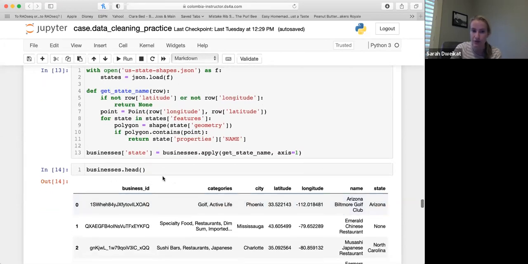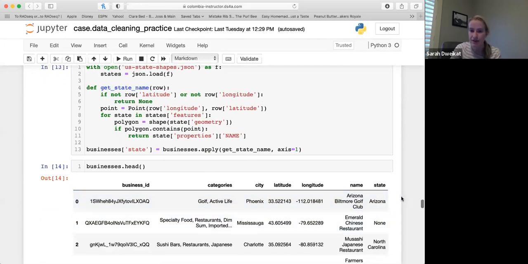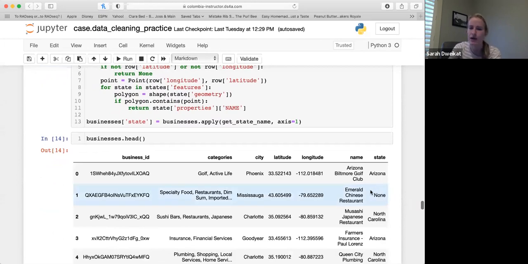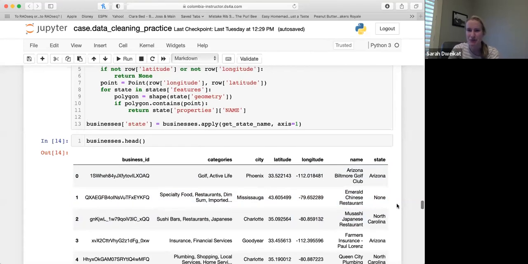So after we run this and we do a .head function, you can now see that we have a state here. I'm not 100% sure why we got a None here when we had a latitude and longitude. I saw this before, and I'm not 100% sure why.